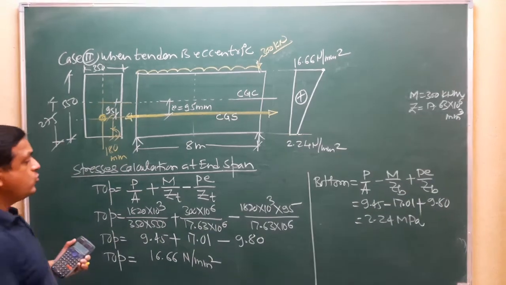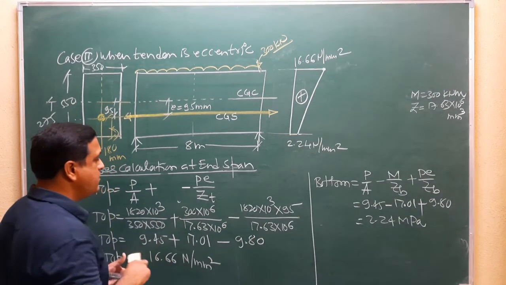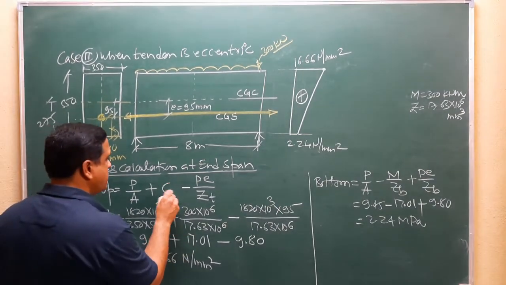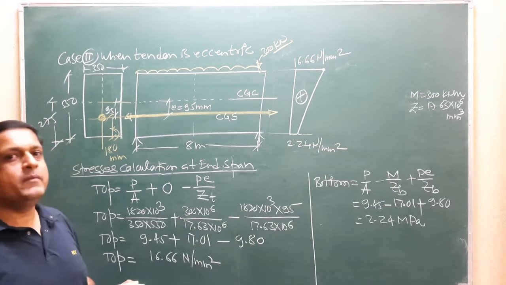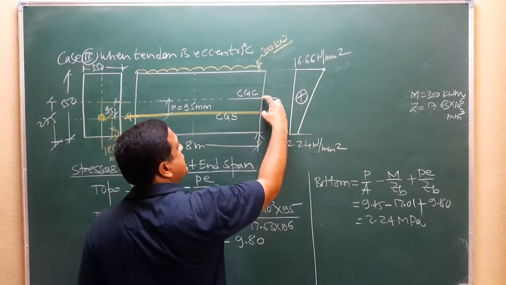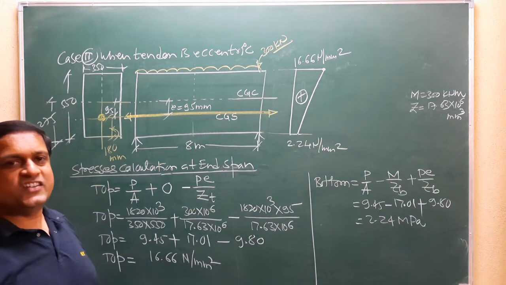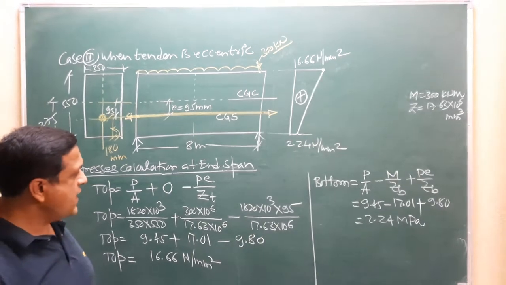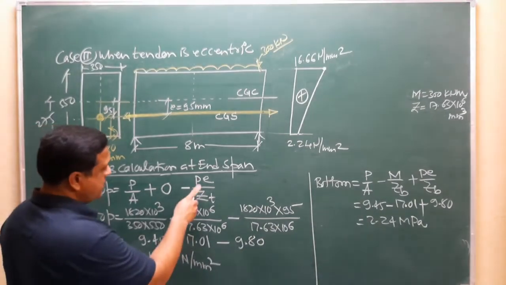So you have to neglect this term. This term is 0. P into E by Z term is there, because at end section the tendon is having eccentricity. So due to this eccentricity there is development of bending moment due to the eccentricity of the prestressing force and development of bending stress. So this term is there.